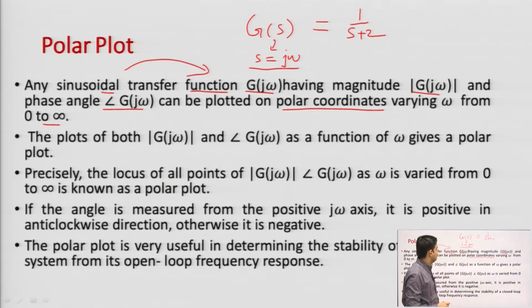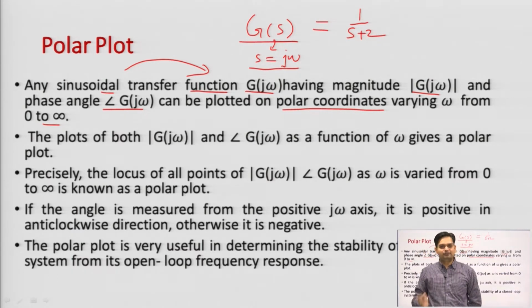We would be given G(s), the open loop transfer function, and then we calculate G(j omega) by replacing s by j omega, calculate the magnitude and the angle, and vary it from 0 to infinity. Then we will determine the stability of the closed loop system. Again we are doing the same thing: observing the open loop system, varying its response with respect to frequency, and observing the stability of the closed loop system.